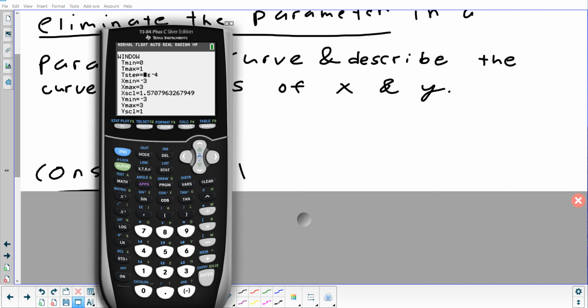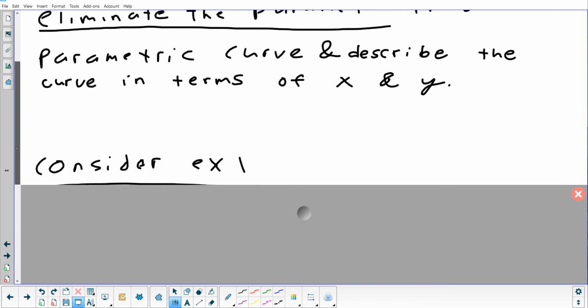I know I can do that because when I look at the graph, it's a nice straight line segment. I can easily calculate the slope and find the y-intercept. If you have a complex enough parametric equation, that might not be doable. Like the one that looked like a butterfly, you're probably not going to be able to rewrite that in y equals mx plus b. It's too complicated. It's not a line, so we can't do it.